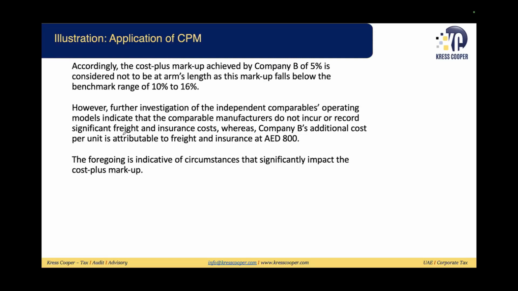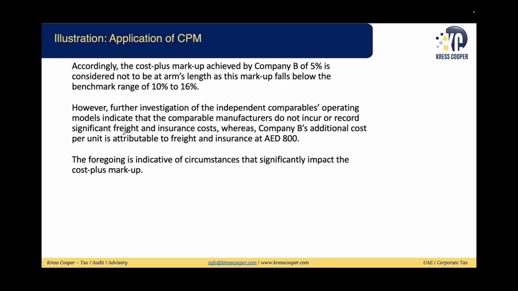However, further investigation of the independent comparables' operating models indicates that the comparable manufacturers do not record significant freight or insurance costs. Whereas company B's additional cost per unit is attributable to freight and insurance, 800.